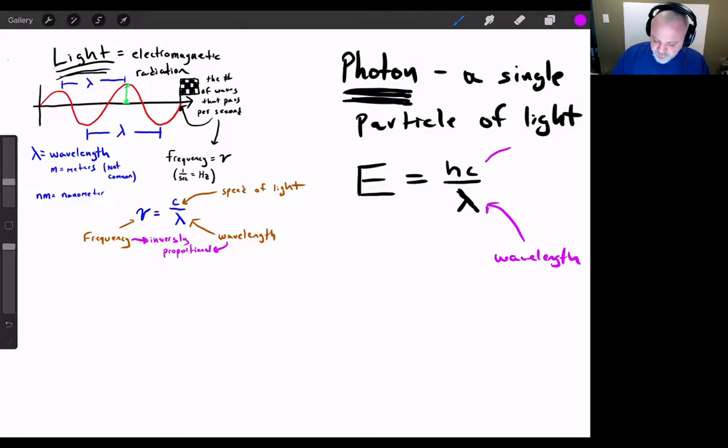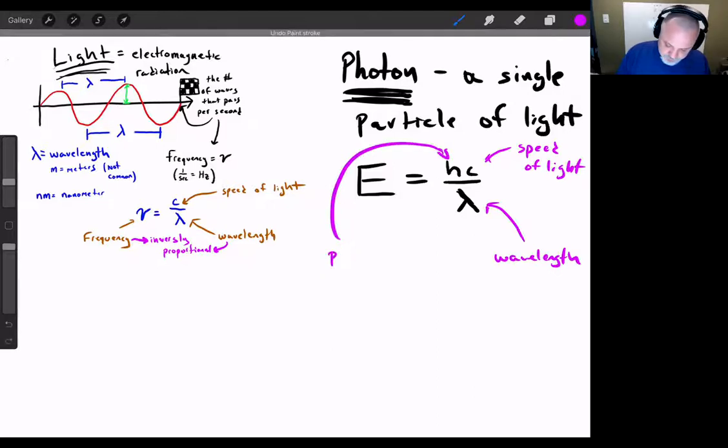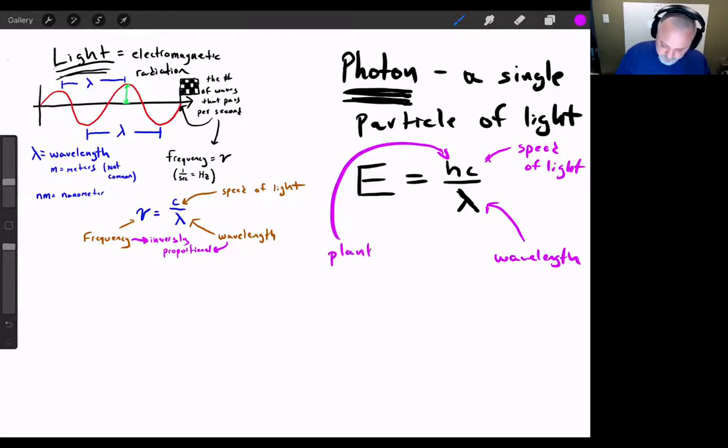We already know that this is the speed of light. This is also a constant. It's called Planck's constant.